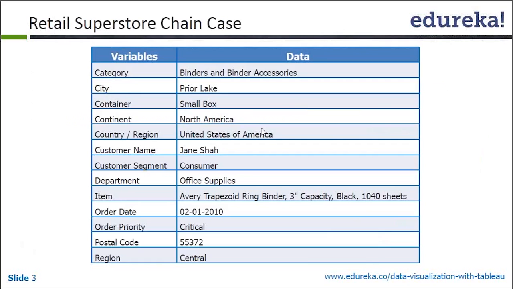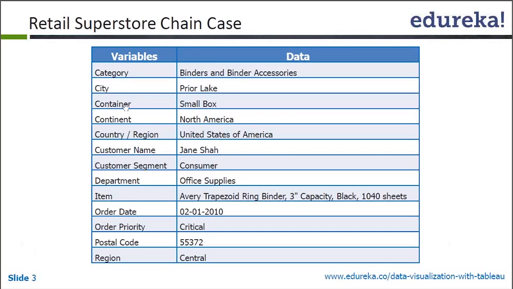Okay, so we'll take a data source called retail superstore chain. This is how the data looks. These are the variables, and this is one example row. I have the category of the product, for example binders and binder accessories, like file binders.